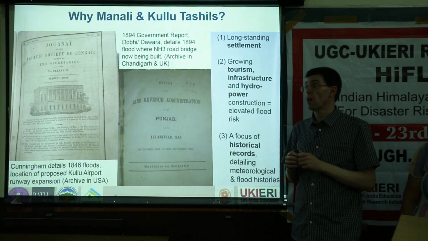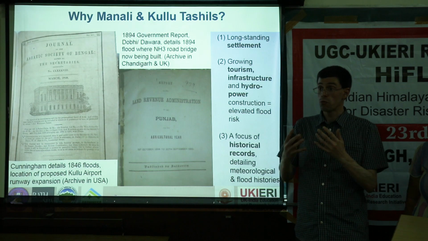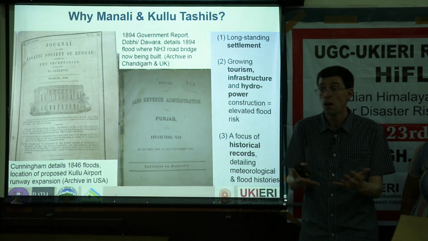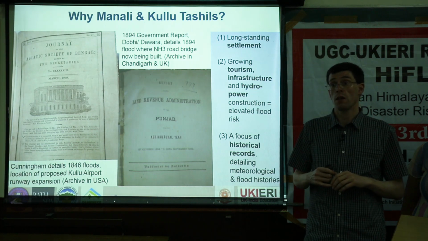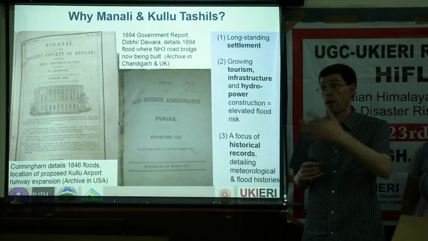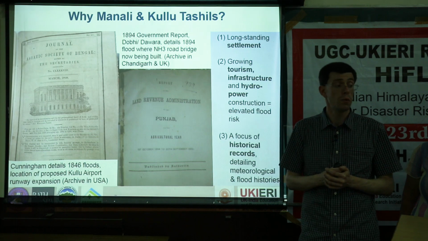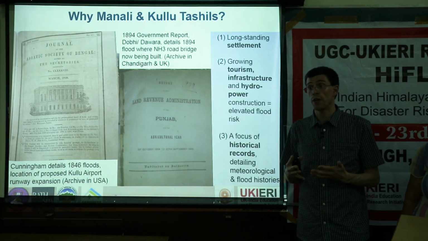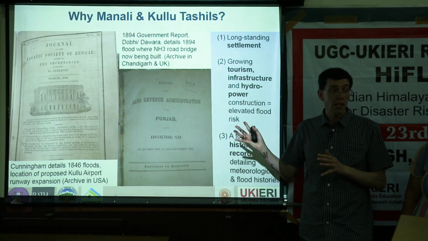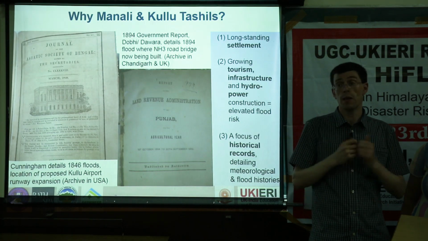I also mentioned that there are many historical records. This represents a significant opportunity because those records tell us about past flood events and the impacts and consequences of those events. And it's not just about the floods, but there's meteorological data as well. So on the slide there, you can just see two examples.